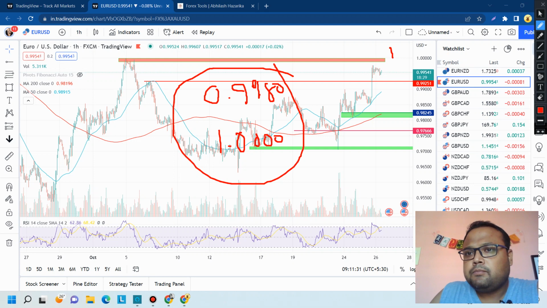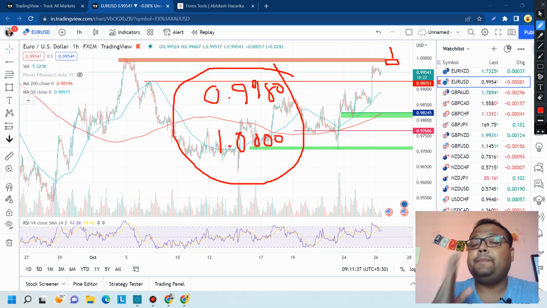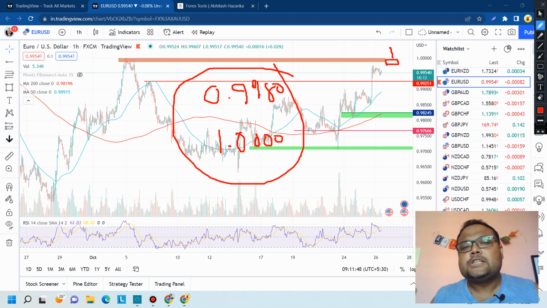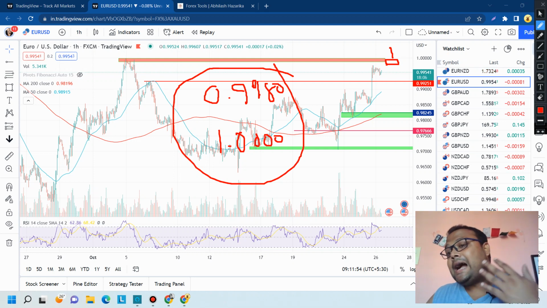If you see the market forming a shooting star pattern, bearish pin bar, or bearish engulfing pattern, you can go for it. But keep in mind the DXY: there should not be any strong volatility or strong selling on the chart of DXY. If there is a sudden fall in the DXY, then definitely EUR/USD will break and start going higher.